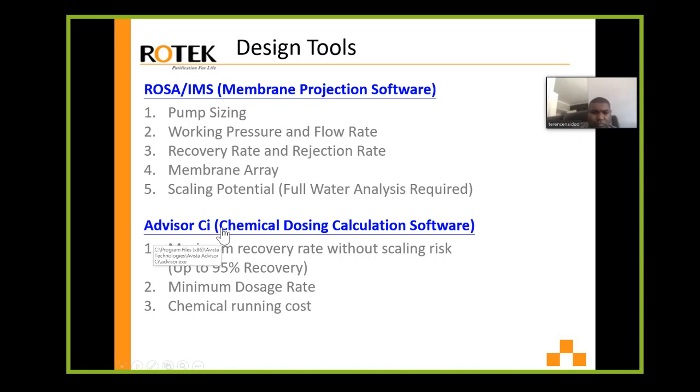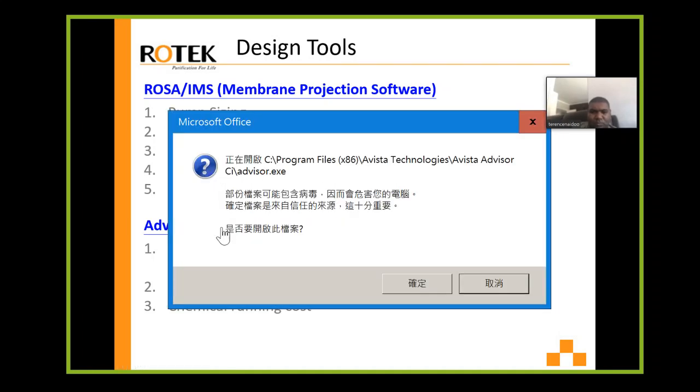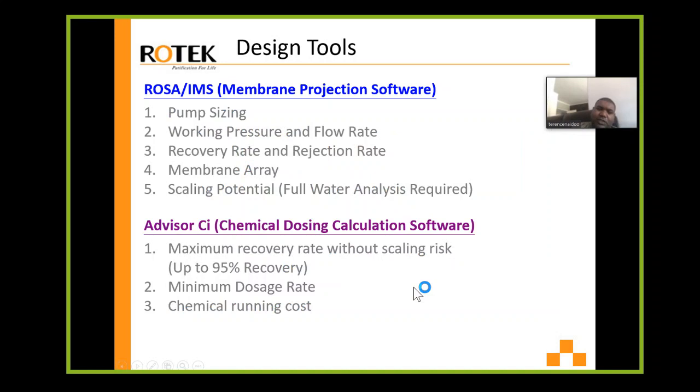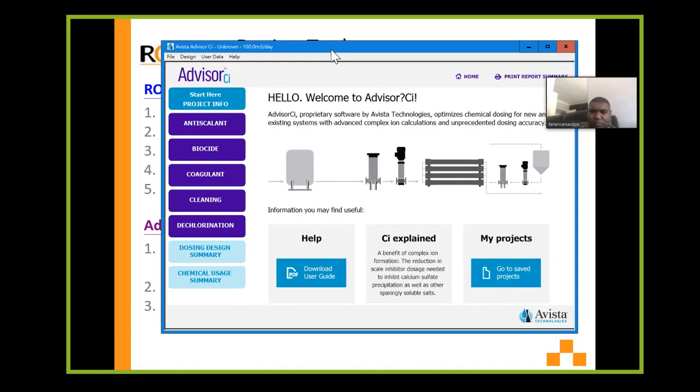how the V-star dosing calculation software looks like. So this software is only Windows, eh? Yeah, but I cannot give you this because this is only for authorized distributors, and they don't want this to be leaked out.